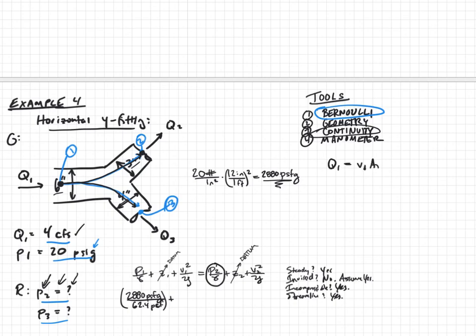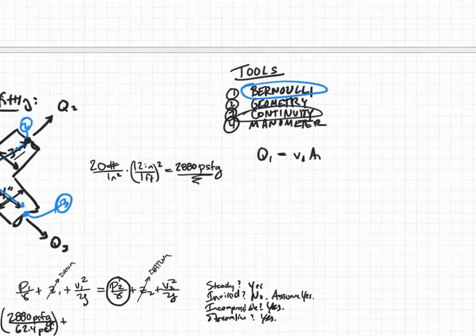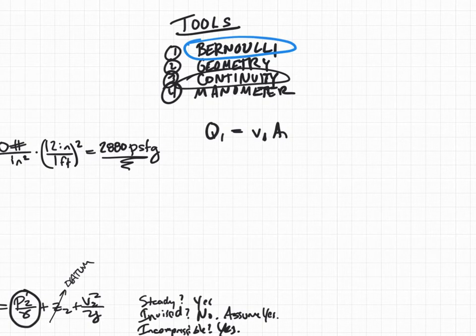Q1 was 4 CFS. So 4 CFS equals V1, which is what I need for my equation, times the area, which is pi times 6 inches, or half a foot, squared, divided by 4.